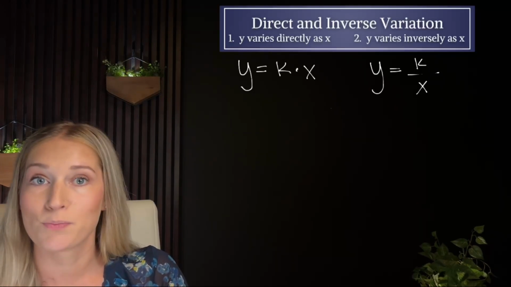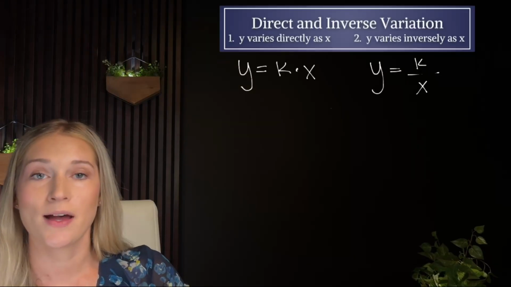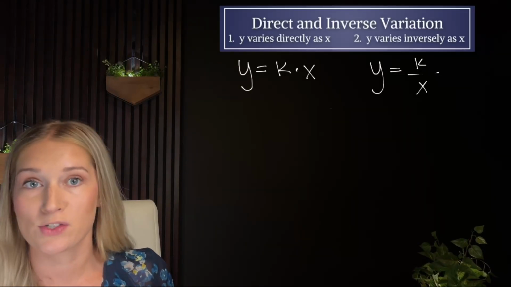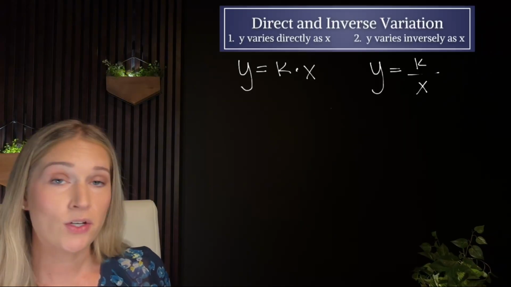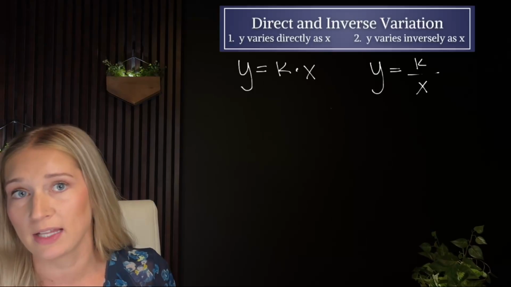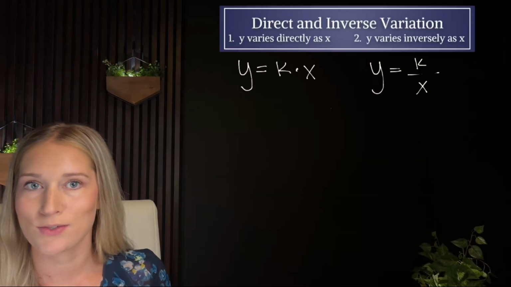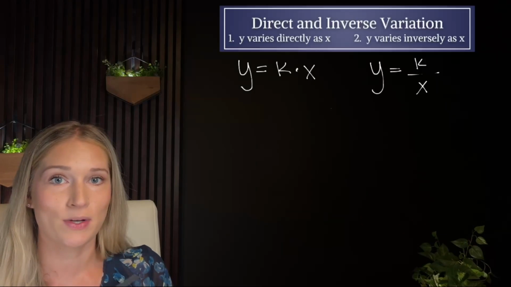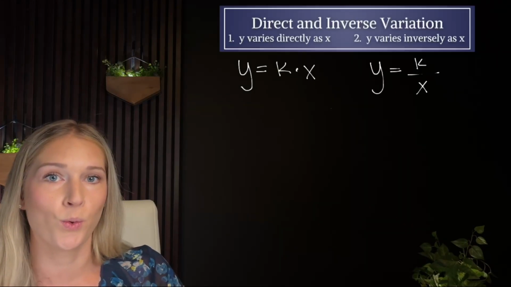Your k for both direct and inverse will not change for the entire question. It's constant. Once you find it for that question, it's not going to change. But your x and your y can change. Just like we talked about, maybe you have more friends, maybe you have less friends. Those x and y values are going to change depending on each other. But your k value is going to stay the same for the whole question.